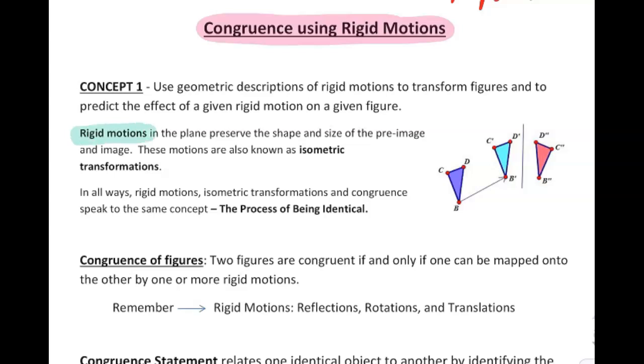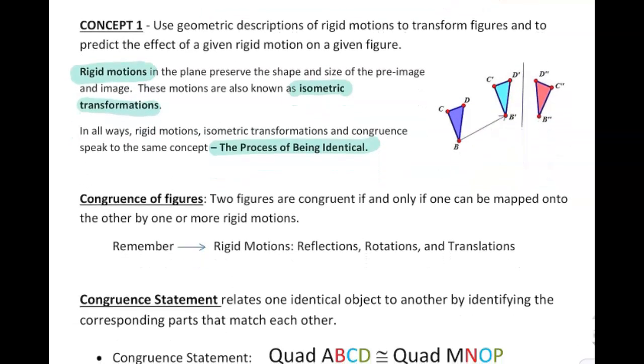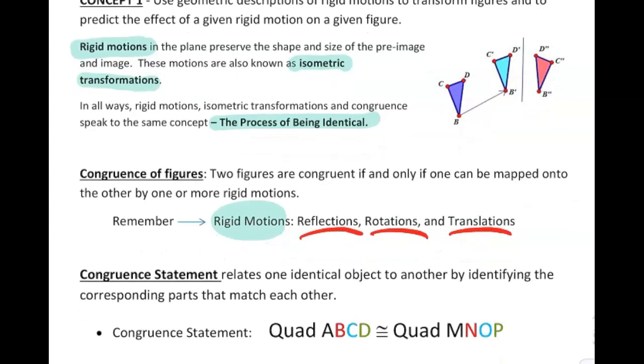Rigid motions is when you have an isometric transformation, which means both angle and distance are preserved, also known as the process of being identical. So remember, rigid motions: reflections, rotations, translations, because distance and angle measure are preserved.